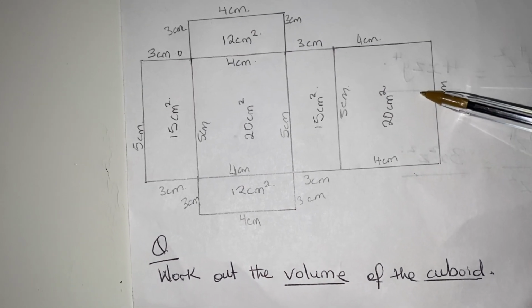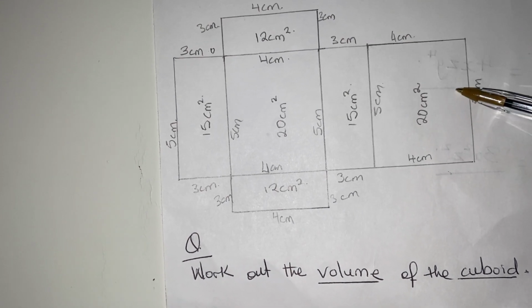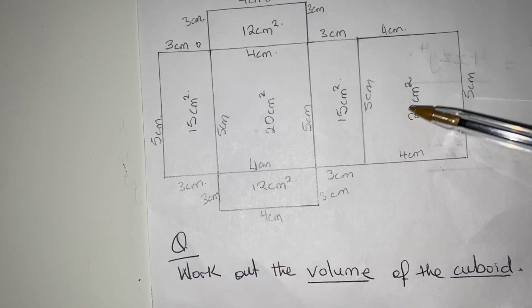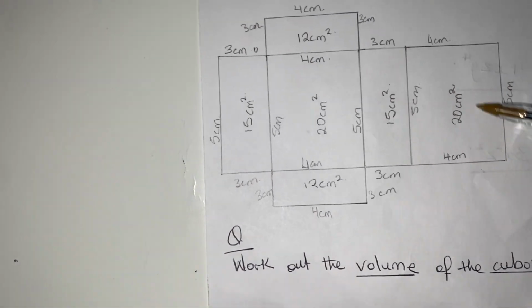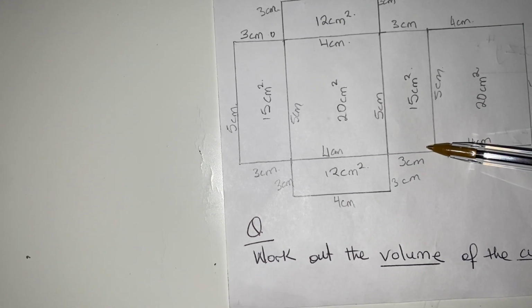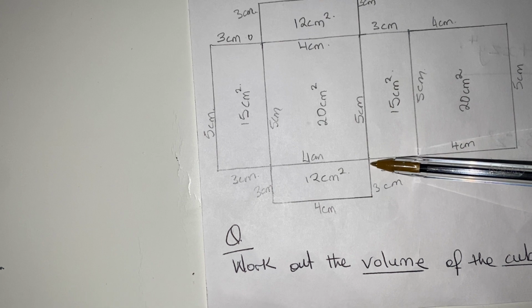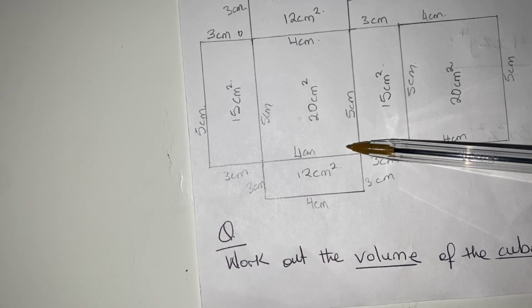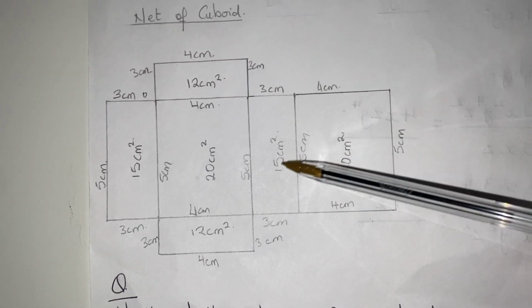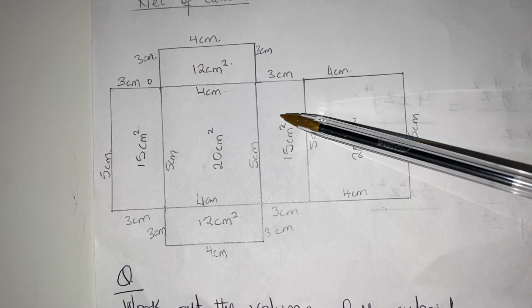The shape is not to scale. 20 and 1, 4 and 5, or 5 and 4. But if you choose 20 and 1, then that side becomes 20. But if you use 20, you are not going to get 15 for this shape here.